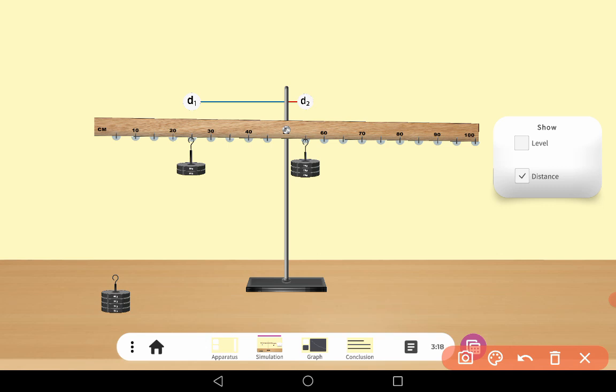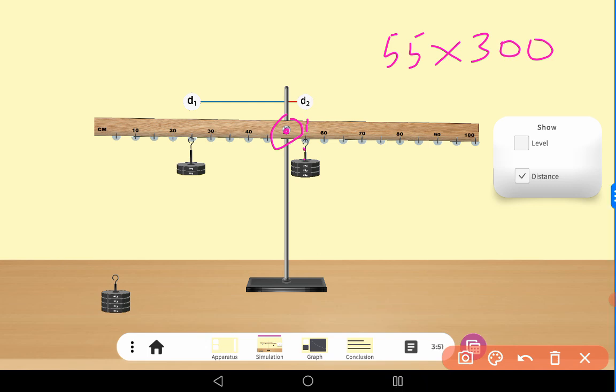This is the center of the ruler, where it is pivoted. From the pivot to where the 300 mass is placed, it's just 5, not 55. So 5 multiplied by 300.